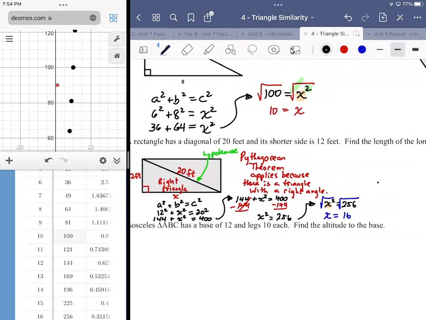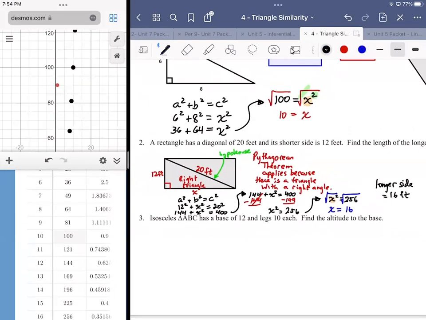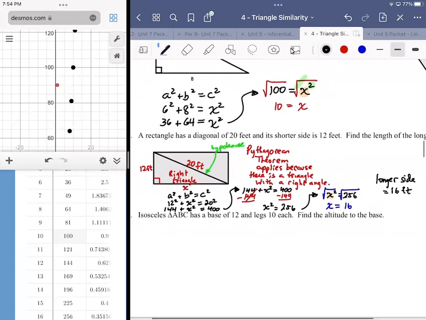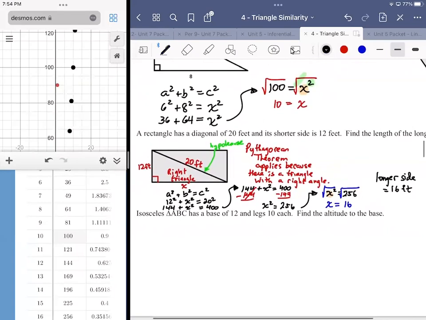You'd have to say the longer side is equal to 16 feet. All right, so there's a lot more going on in this one, but still, it was a perfect square. I mean, it's nice. It doesn't always play out that way, but when it does, it's a good thing.